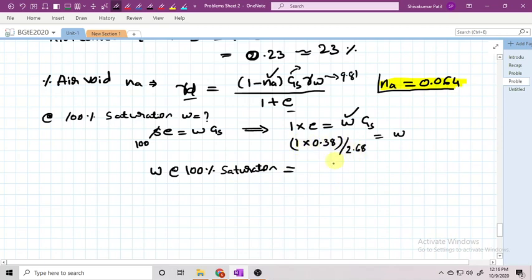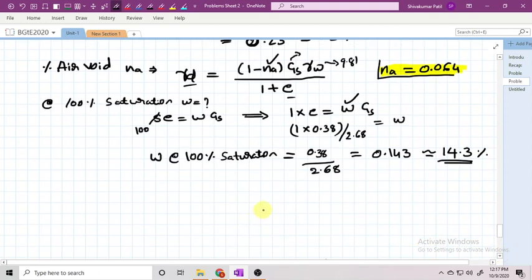How much are you getting? 0.38 divided by 2.68 is equal to 0.143. That means 14.3%. Okay, so this is the water content at 100% saturation.